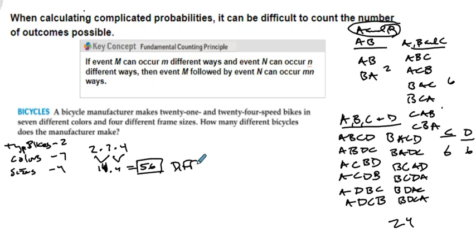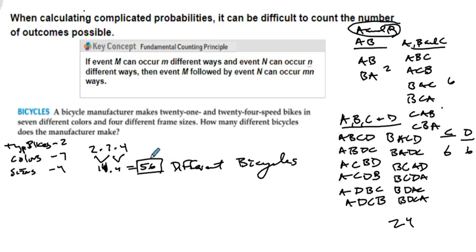That's the number of options. And if you're ever questioning this, you can start writing it out, and it'll come into focus really quickly. I think this is a good thing for us to know how to do, and that's how that works.